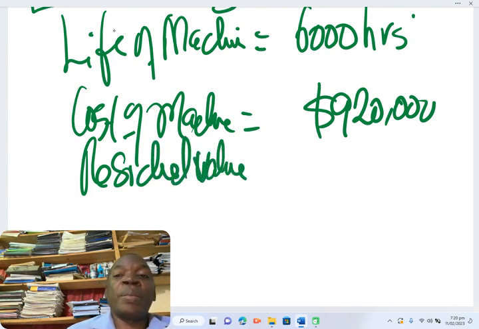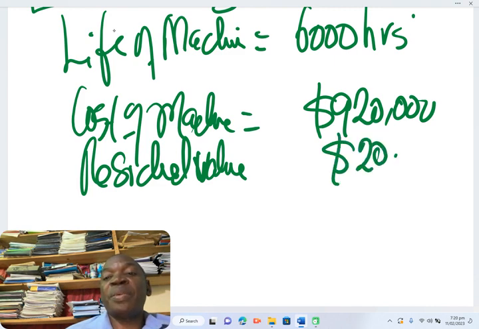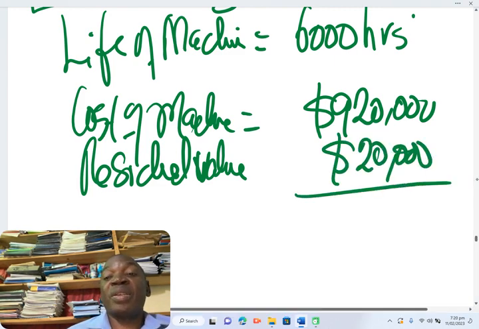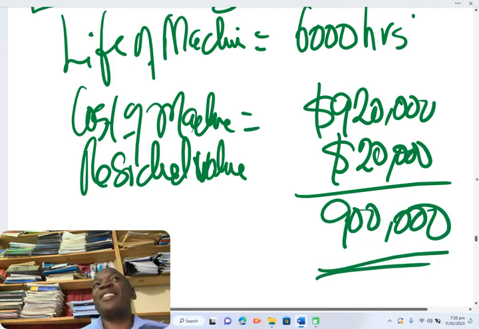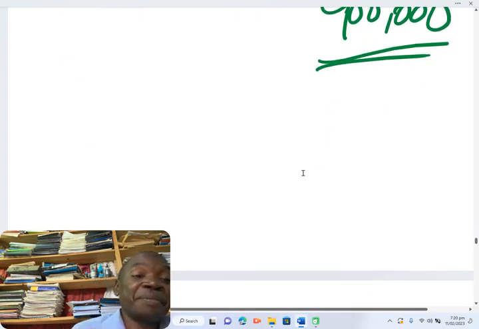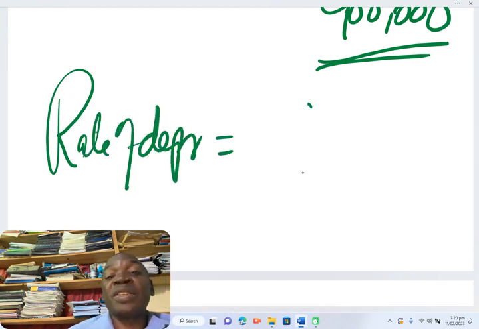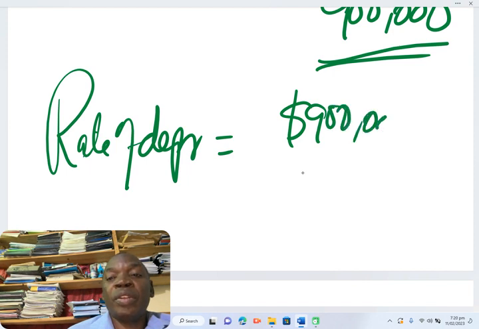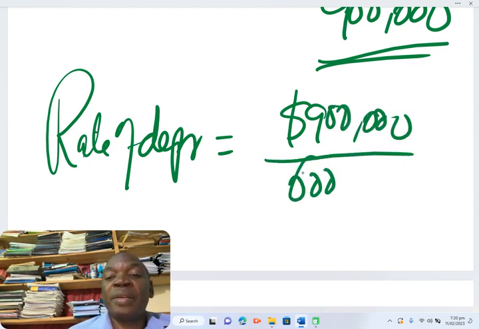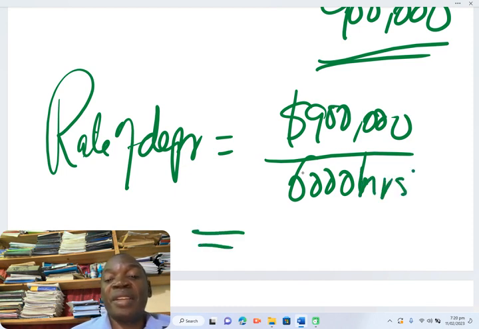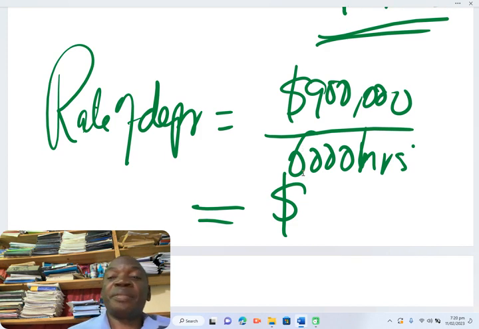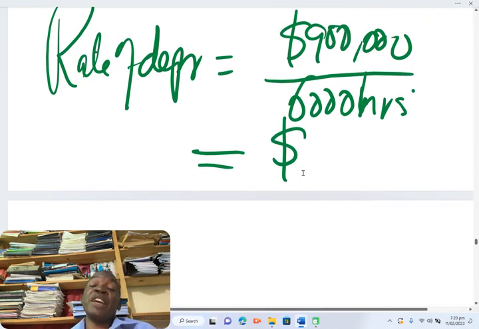Residual value dola ngapi? Kwa in total na hiyo. Umeona? Sasa ukitafuta rate of depreciation. Rate of what? Sasa na dola 900 gawanya na masaa mangapi? Jumlisha. Chukua 9,000 gawanya kwa 6,000. Unapata ngapi?